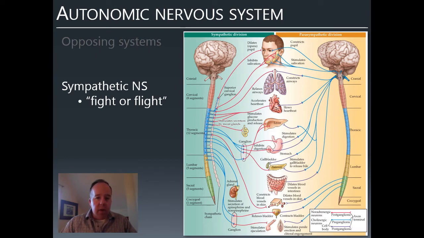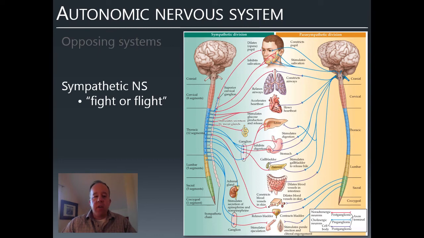Fight or flight is when you have both an emotional and a physiological response to something surprising, something perhaps dangerous. When something stresses you, you go into fight or flight mode. Your sympathetic nervous system becomes active, and it does a number of things. It dilates your pupils, it opens up your airways, it increases your heart rate and blood pressure. It shuts down your digestive and reproductive systems.